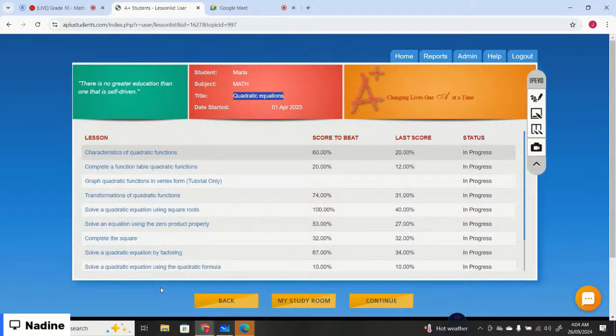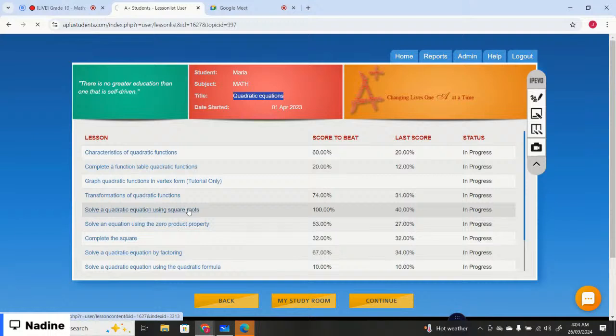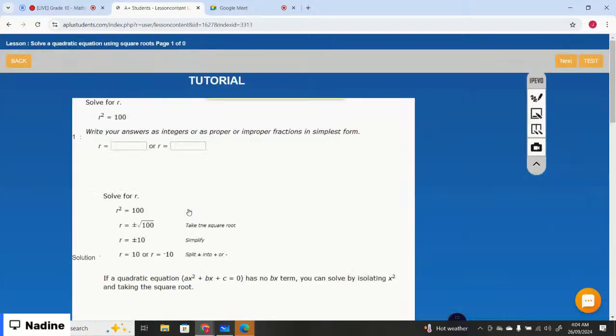So here I'm on grade 10 math. Let's start with the lesson, solve a quadratic equation using square roots. Solve for r: r square equals 100.